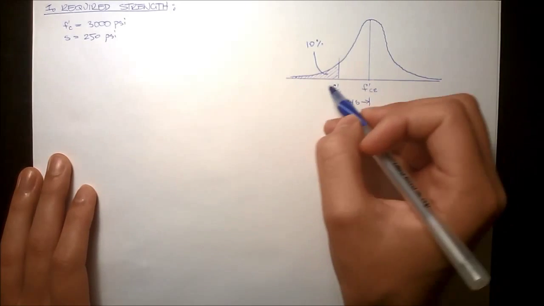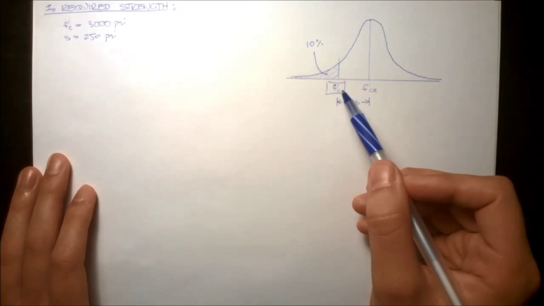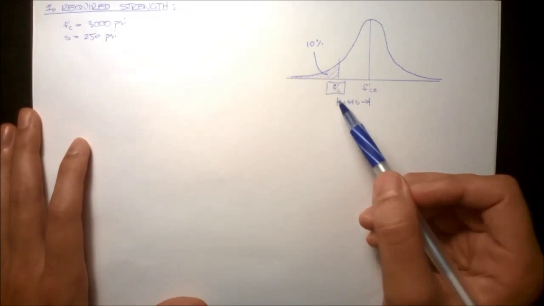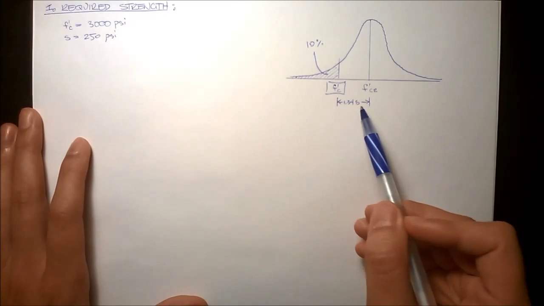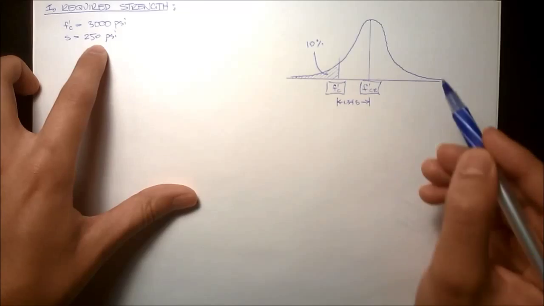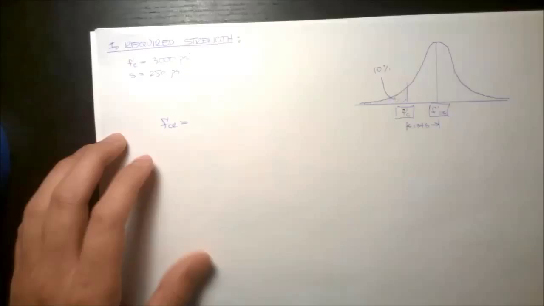So this is the required design strength given by the problem, and if we add 1.34 times this standard deviation, that will get us to the required strength of the design mix. So that's what we're going to do.